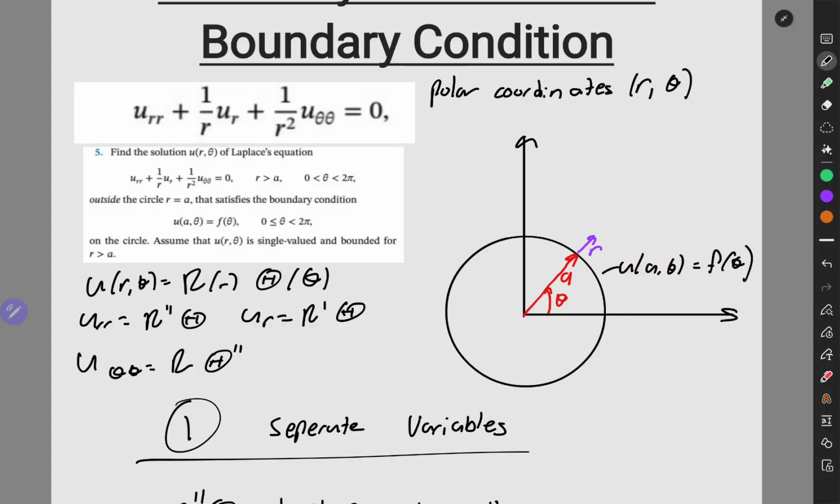So what do we know about our boundary so far? Well, we know at the boundary the radius is a. But that doesn't really help us, because it doesn't tell us where we are on the boundary. What tells us where we are is theta. We know the distance to get there is a, but in order to tell where on the boundary we are, we need theta.